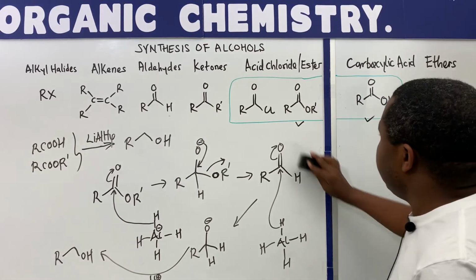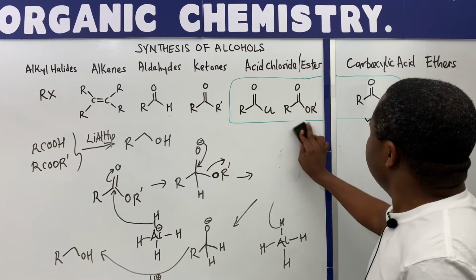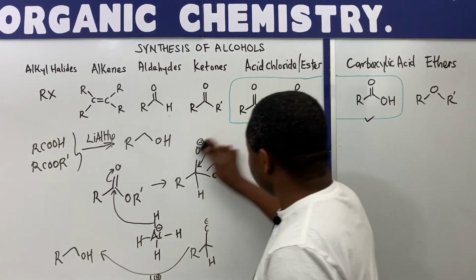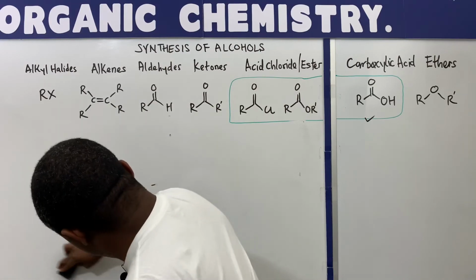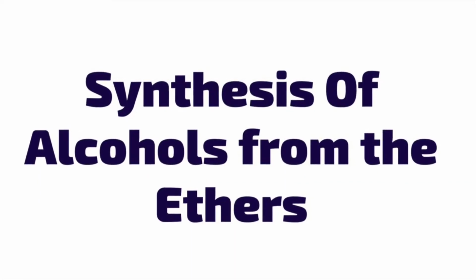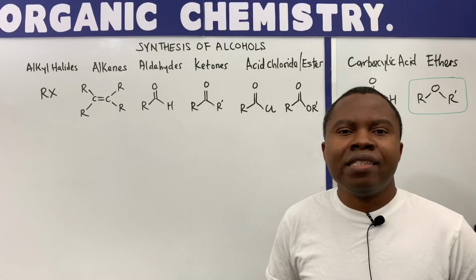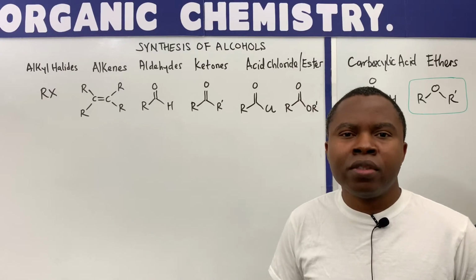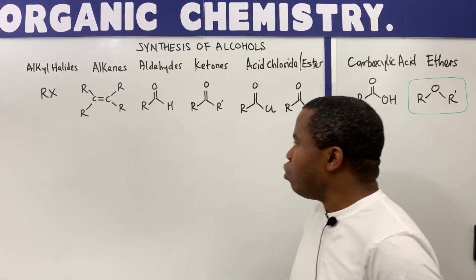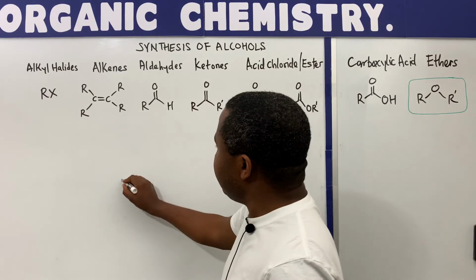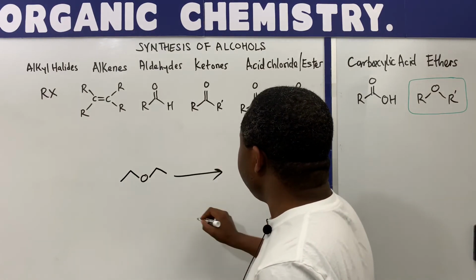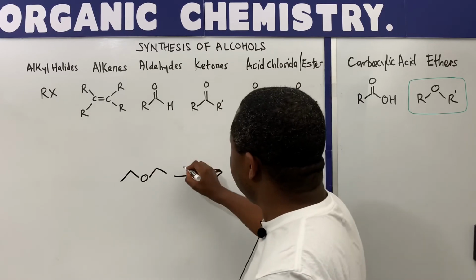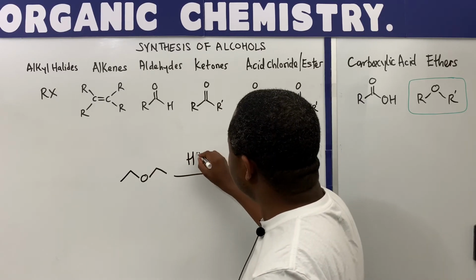So let me clean this place. So let's see how we can synthesize alcohols from the ethers. Let's say we are trying to convert diethyl ether to an alcohol. We need a really strong acid like hydrogen iodide.